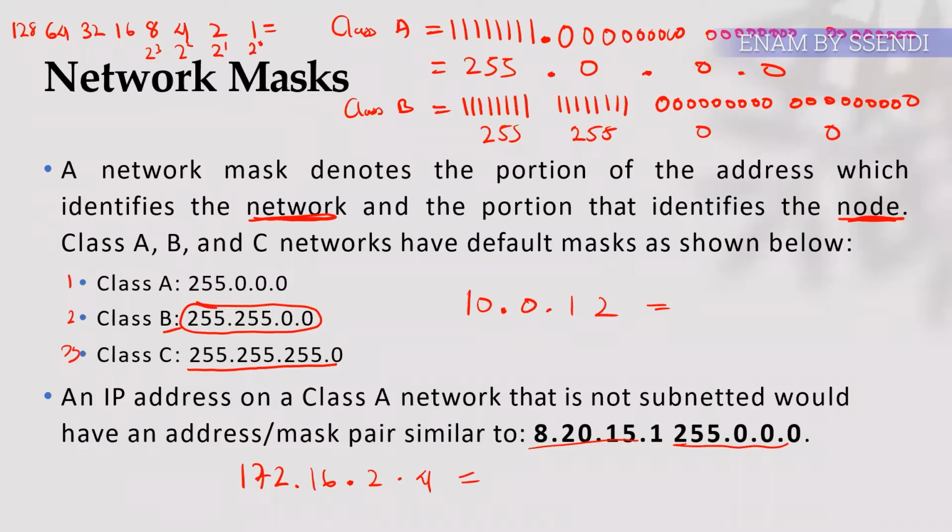Why is that your answer, Praise? Please give reasons to support your answer. It is in class A. Very good. Because it is class A, and we know class A only has 8 network bits, our default subnet mask will be 255.0.0.0, isn't it?